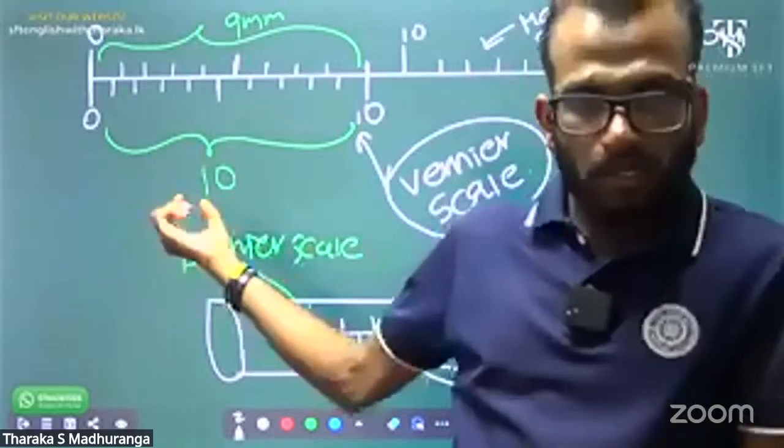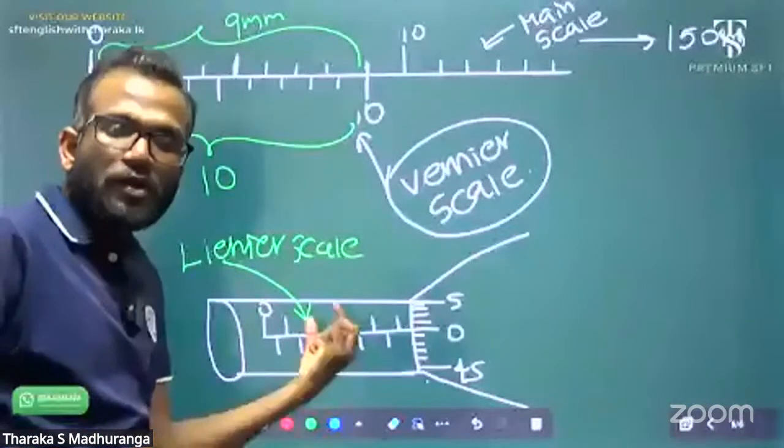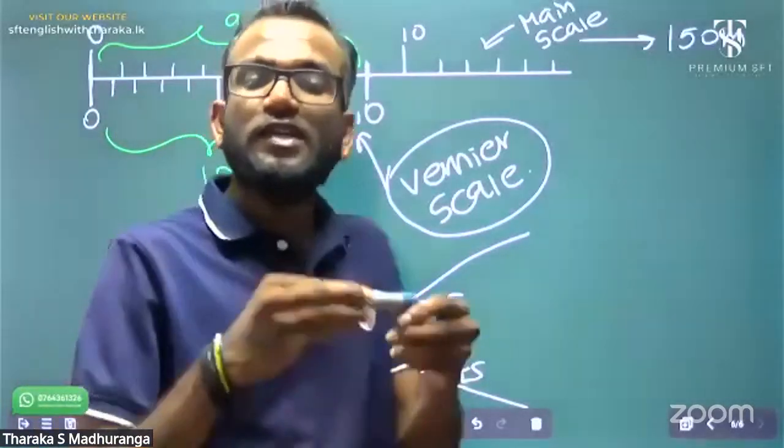But in the micrometer screw gauge, some amount of parts on the linear scale are divided into identical parts using another circular scale.